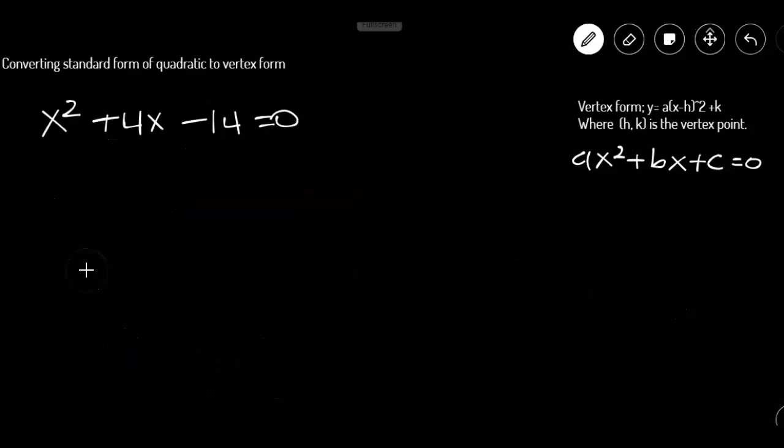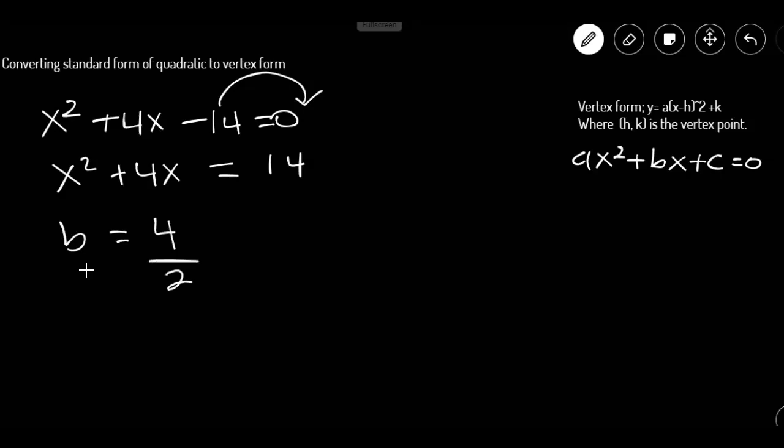For the second example, we have x squared plus 4x minus 14 equals 0. So what we do is take our constant to the right hand side, and it becomes positive 14. We take our b, which is 4, we divide it by 2, and we get 2 here.